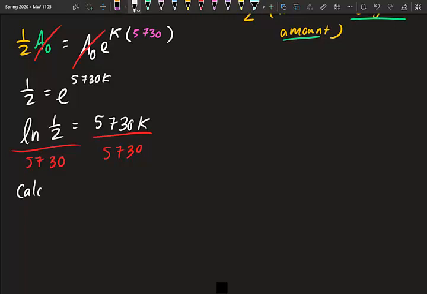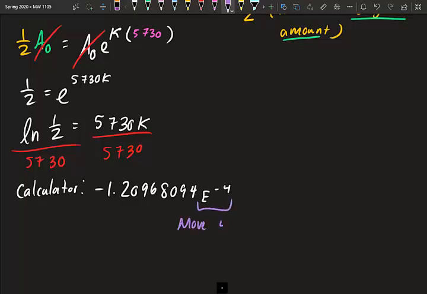It may or may not, it just depends on what calculator you have. That's what your calculator is going to give you. All that means is scientific notation. I haven't talked about that in a while.